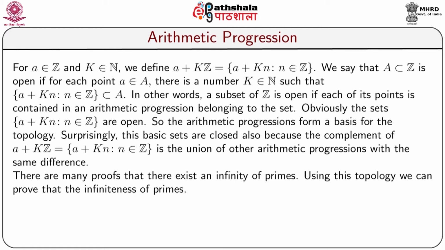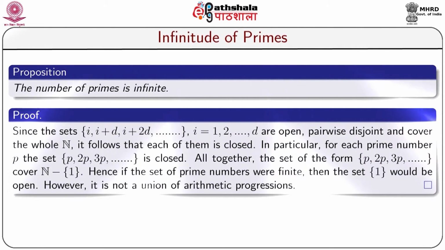Now we will give the proof of the fact that the set of prime numbers is infinite. Proof: the sets i + d, i + 2d, and so on, for i equal to 1 to d, that means these d number of sets, are open, pairwise disjoint and cover the whole of ℕ. It follows that each of them is closed also.